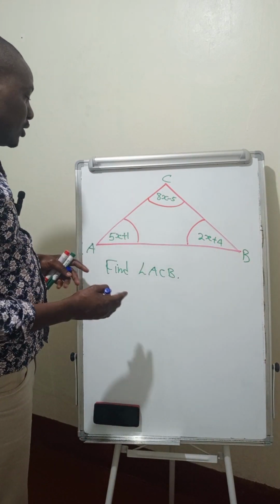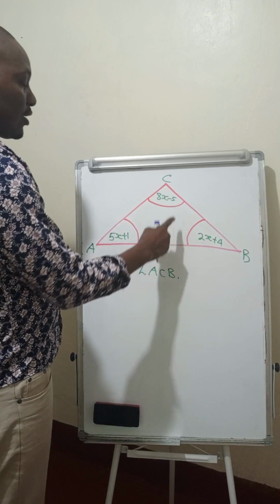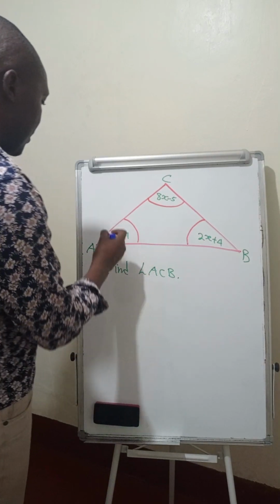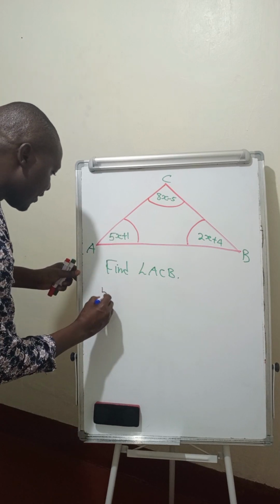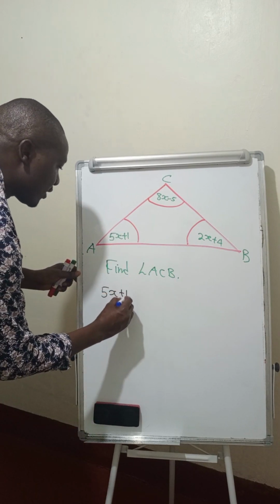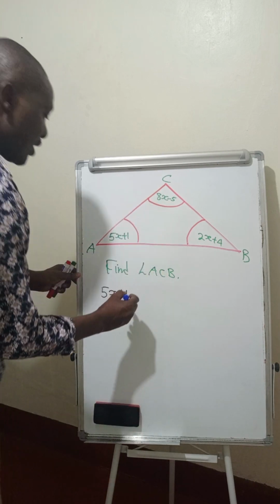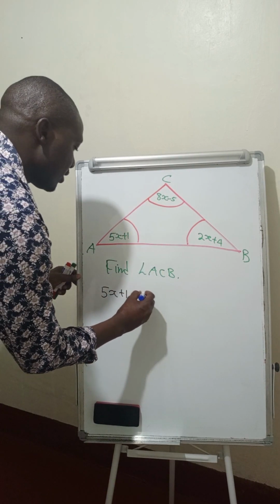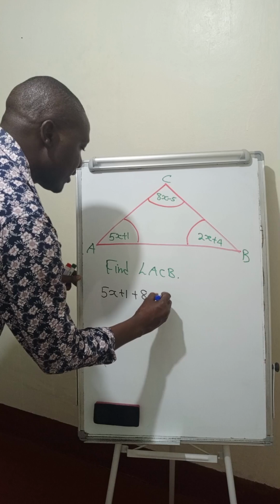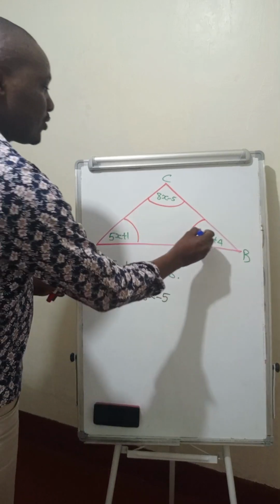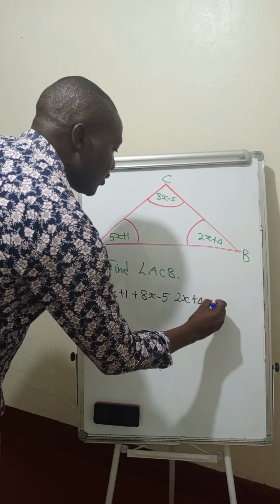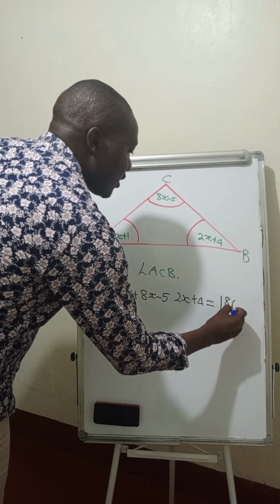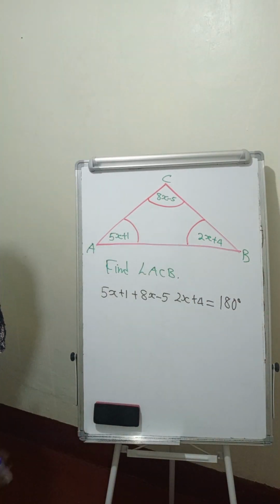After substituting, you'll get the size of each angle. So let's go. We have 5x plus 1, add to that angle 8x minus 5, add to this angle 2x plus 4, this should give you 180 degrees.